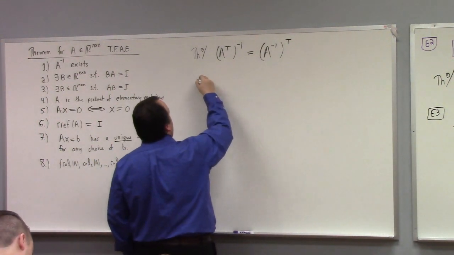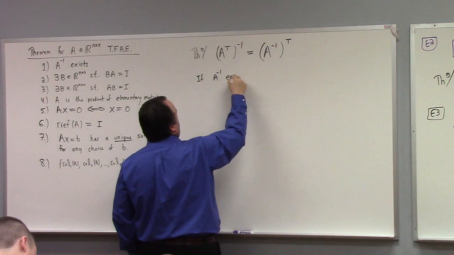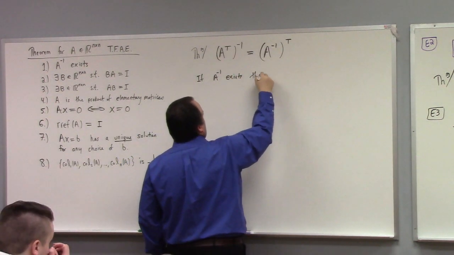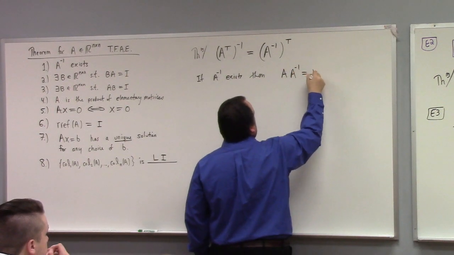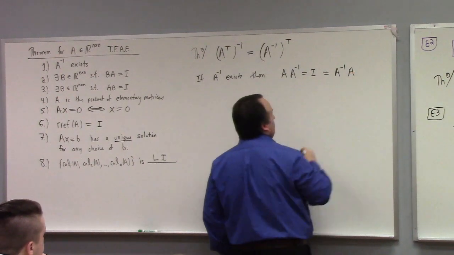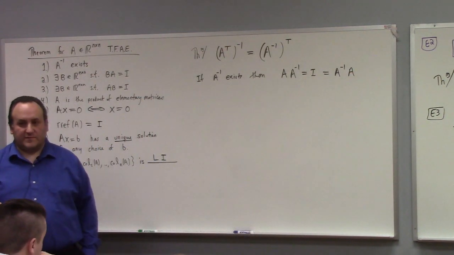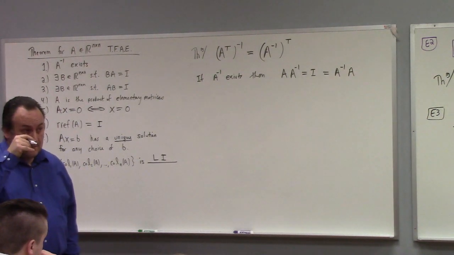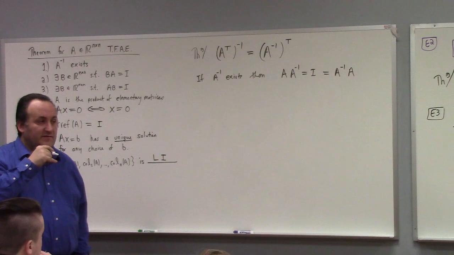So if A inverse exists, then that gives us what? That gives us A times A inverse is equal to the identity, and that's also equal to A inverse times A, right? So how would you get information about the inverse of the transpose?